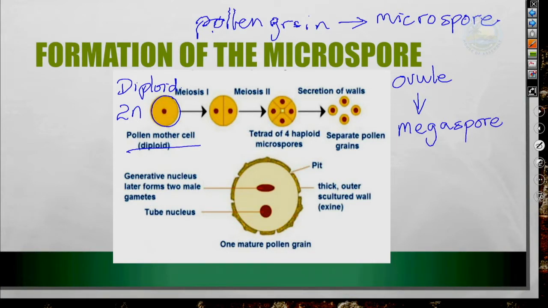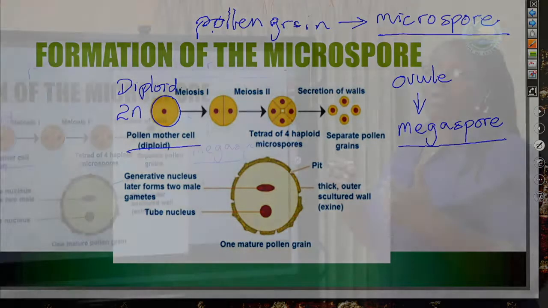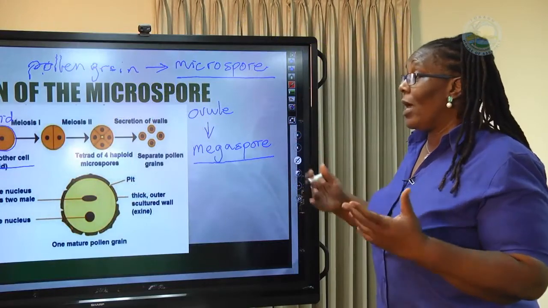So you have a microspore in the anther, and you have the megaspore in the ovary. What eventually has to take place is the microspore nucleus and the megaspore nucleus have to merge to form the new zygote. That is where we are going to go.